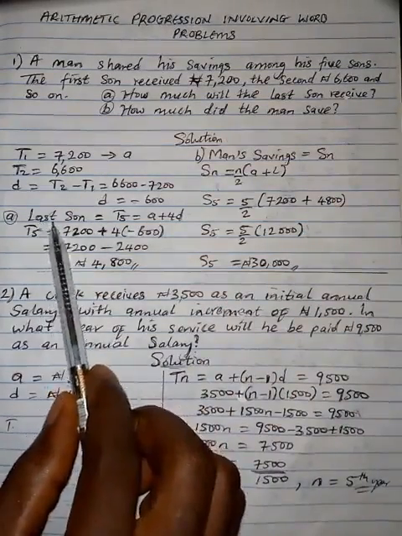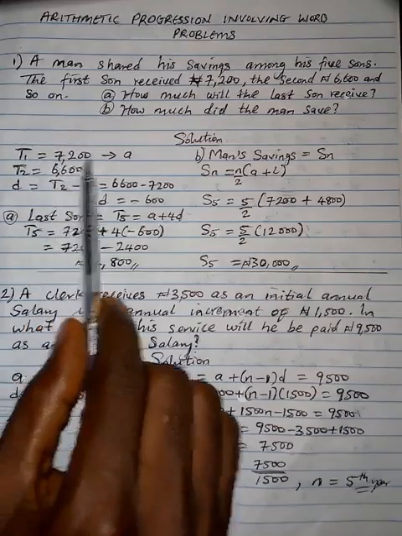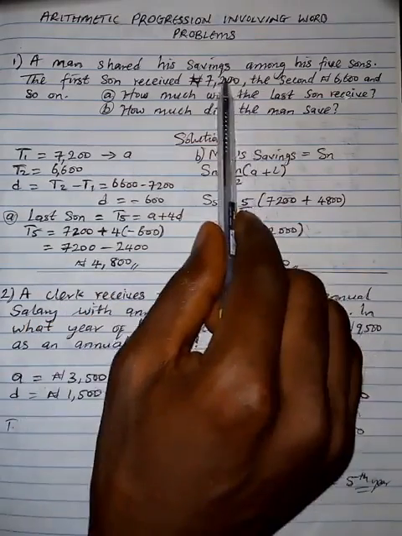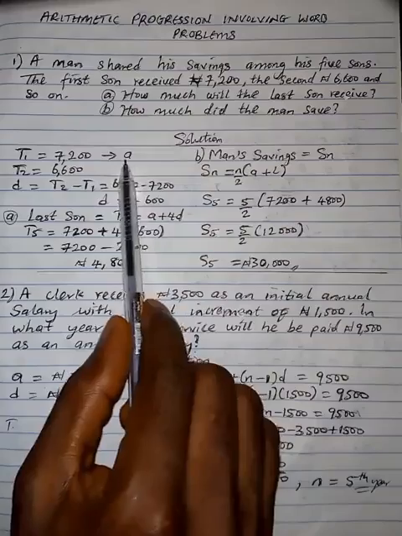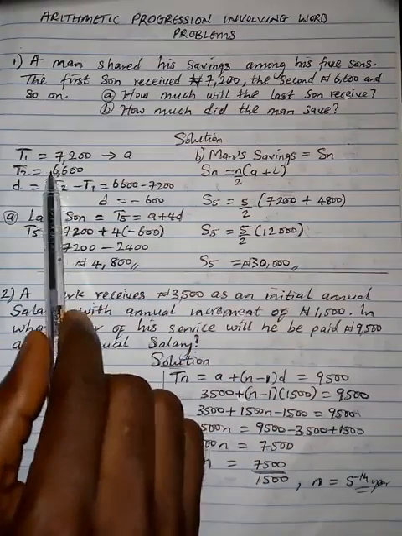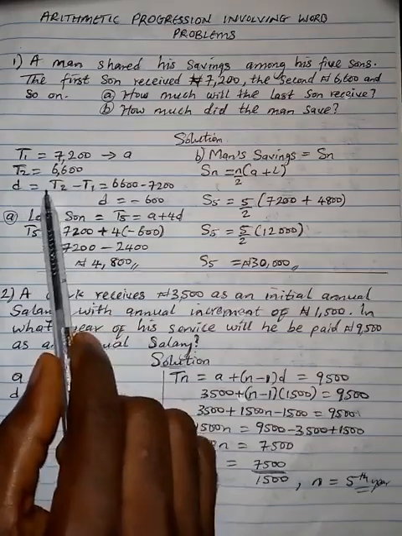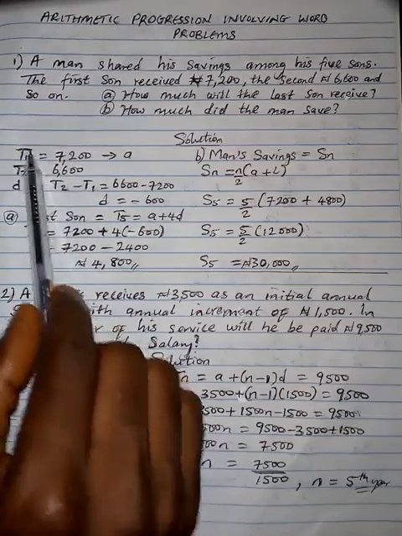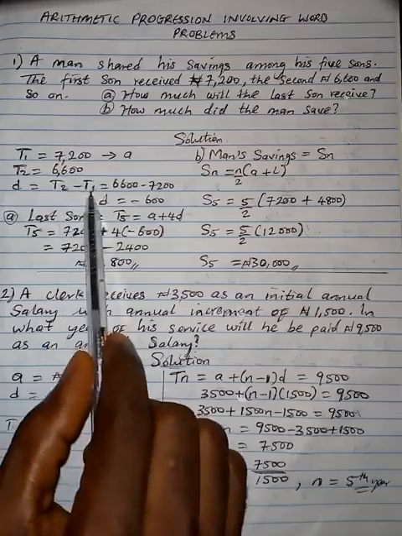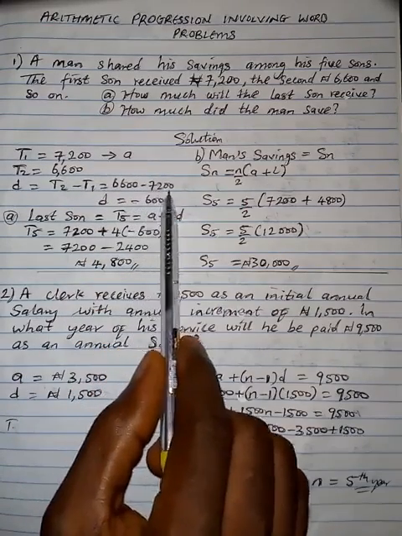That's the fifth term. Now here is T1, the first term, which is 7,200 naira. That's the first son, the first term A. And then the second is 6,600 naira. Now we can easily get the common difference by saying T2 minus T1. Of course, T2 minus T1 is equal to 6,600 minus 7,200.